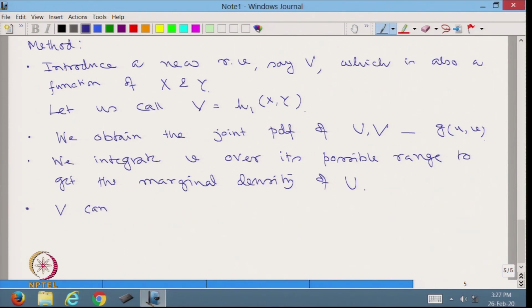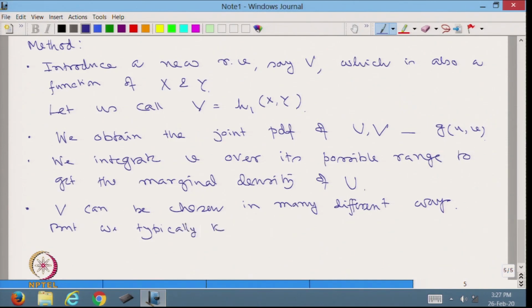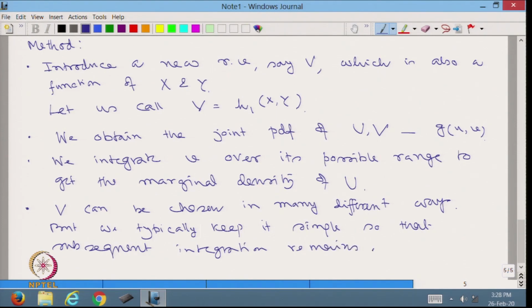V can be chosen in many different ways, but we typically keep it simple so that subsequent integration remains straightforward.